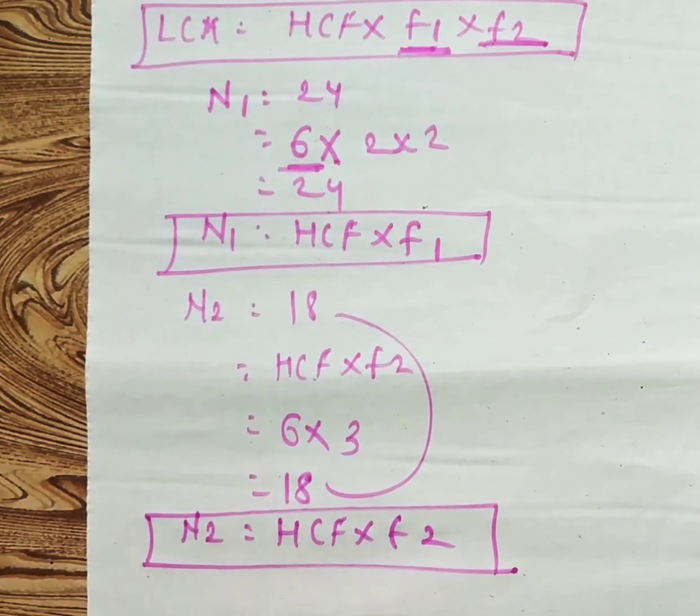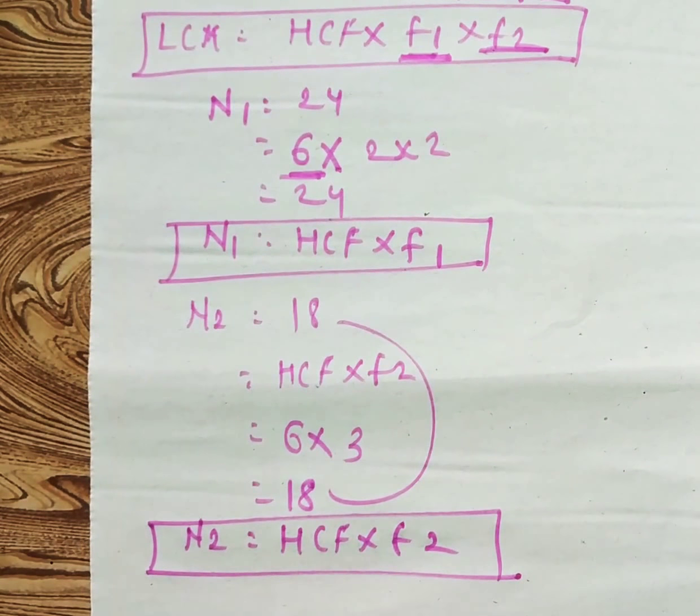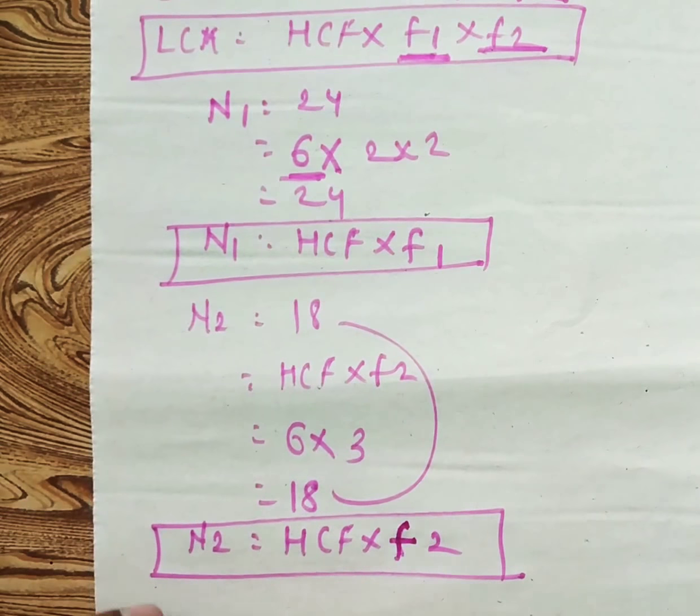These 3 important formulas are there. LCM is equal to HCF into factor 1 into factor 2. Number 1 is always equal to HCF into F1 and number 2 is always equal to HCF into F2. F2 means factor of number 2. These are very important formulas, please note it down.